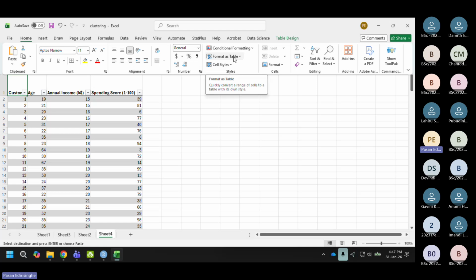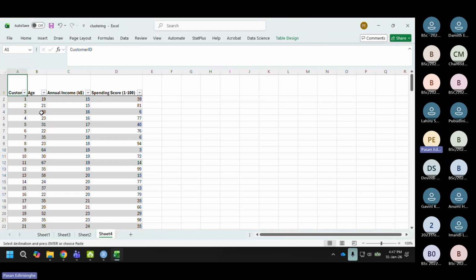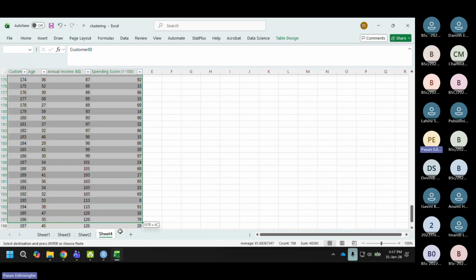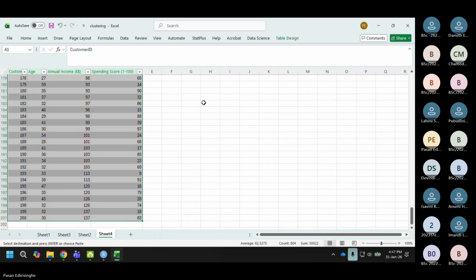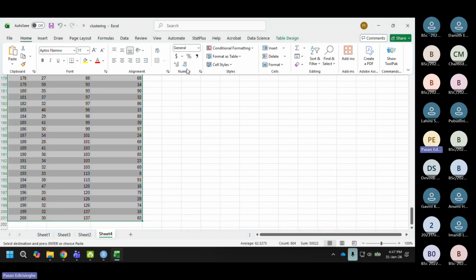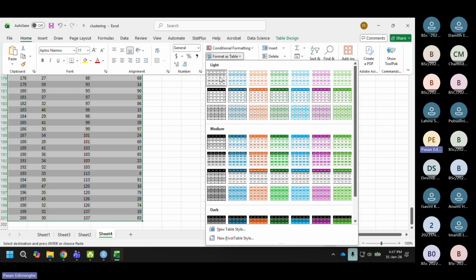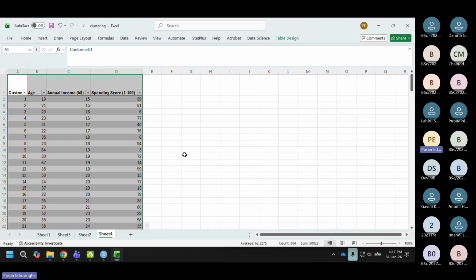And we can use that. Then it will allocate it as a table, right? So you just have to select that entire data set, and then go to the Home tab and format as a table, right? So you have different options there, and you can go through them. So just use that, right?